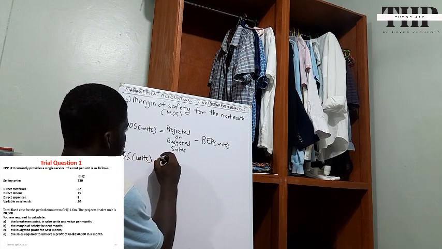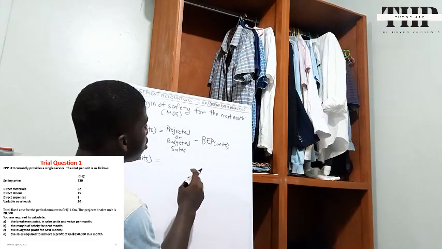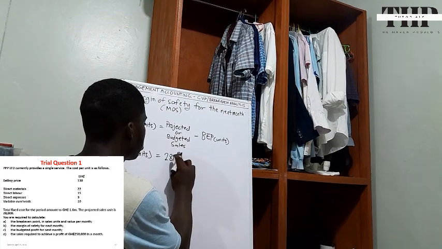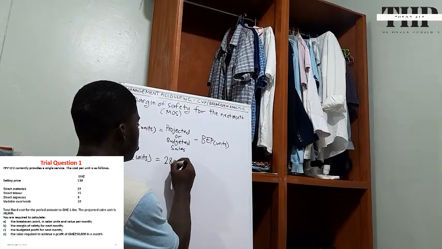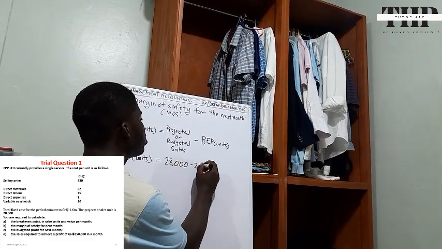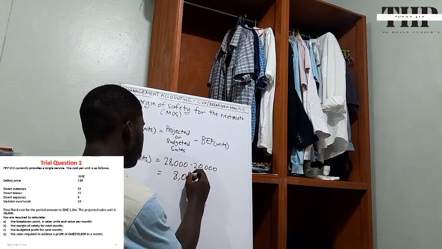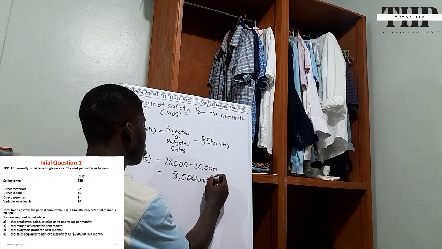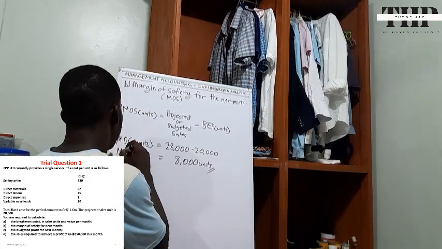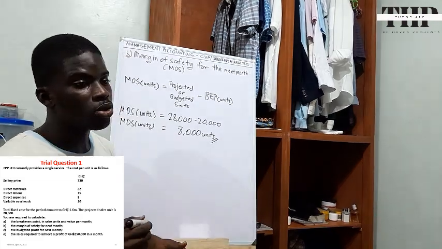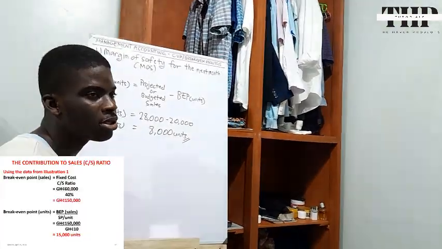So 28,000 minus 20,000 gives us 8,000. Right, so this becomes our margin of safety.